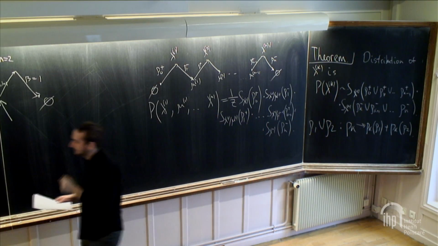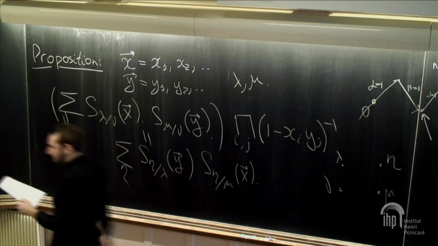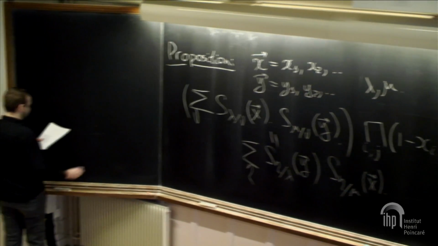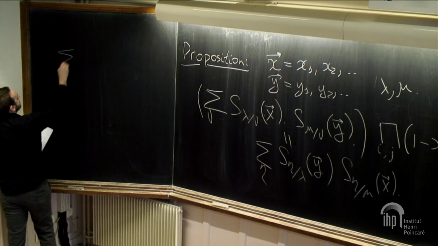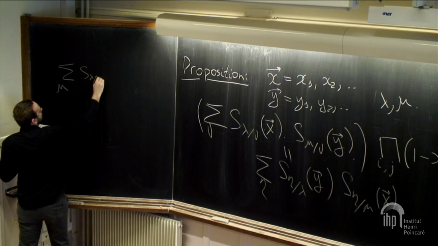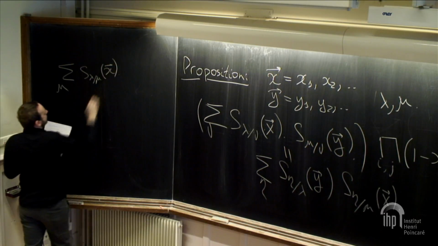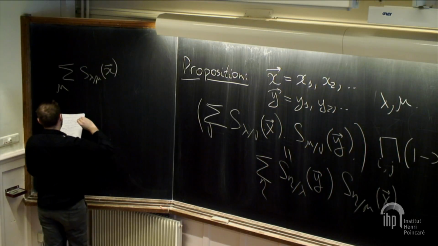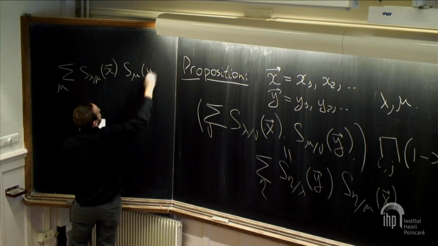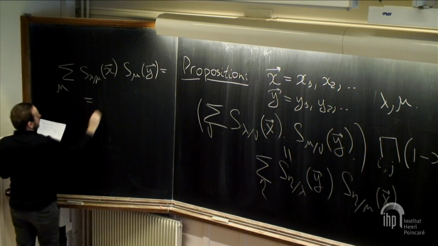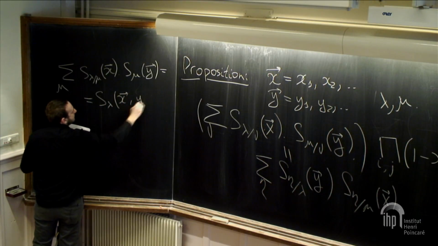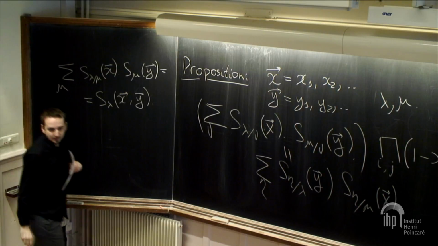Okay, so that's one thing. Another thing that we need to remember is the definition of the skew-Schur polynomials. There's a second identity which says that if you sum over mu of s lambda over mu in variables x, and you multiply it by s mu in variables y, then this sum is equal to s lambda in x's and y's.